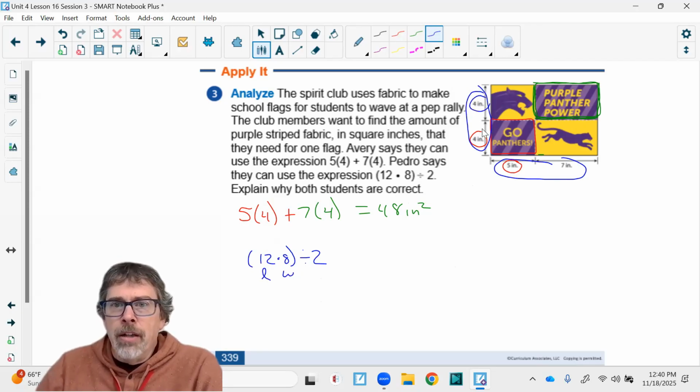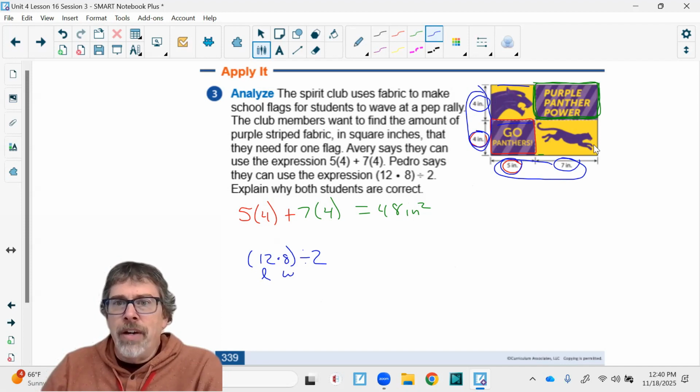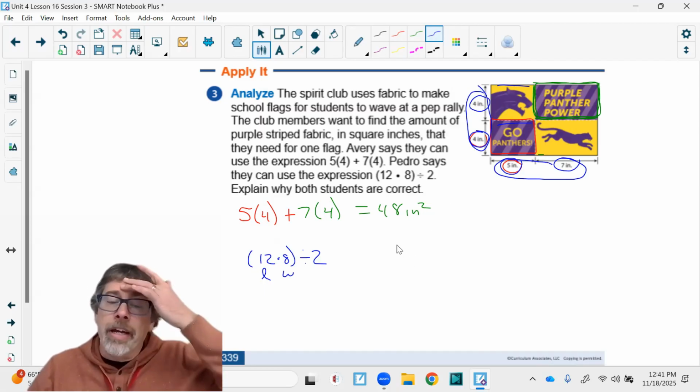Since the yellow and the purple have the same length, 4 inches, and the same widths, 5 and 7, we can simply add the two sides and find the area of the whole flag, and half of it is the purple stripes. That's why what Pedro did was correct as well. He found the total area and divided by 2 because the yellow and the purple stripe have the same surface area on the flag.